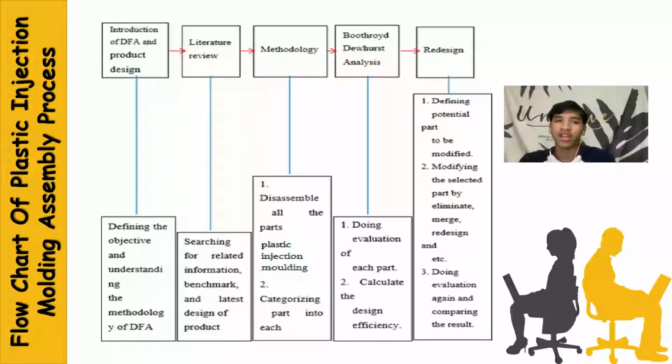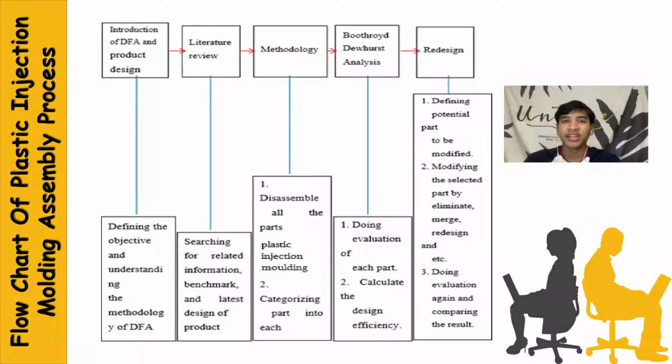This is a flowchart of the plastic injection molding assembly process. Firstly, the introduction of DFA and product design. Next, we made a literature review for the research, and third is methodology. In the methodology, we use Boothroyd Dewhurst analysis and redesign.